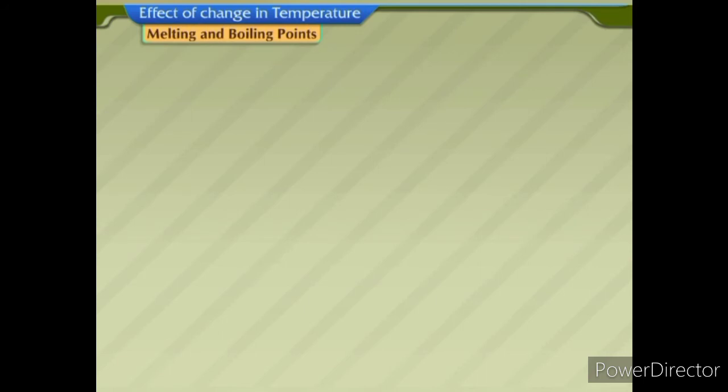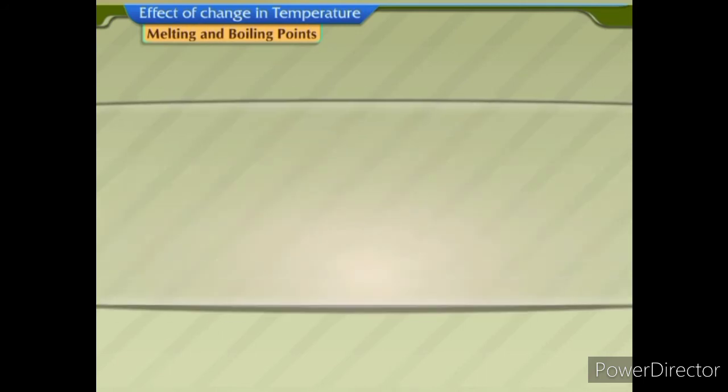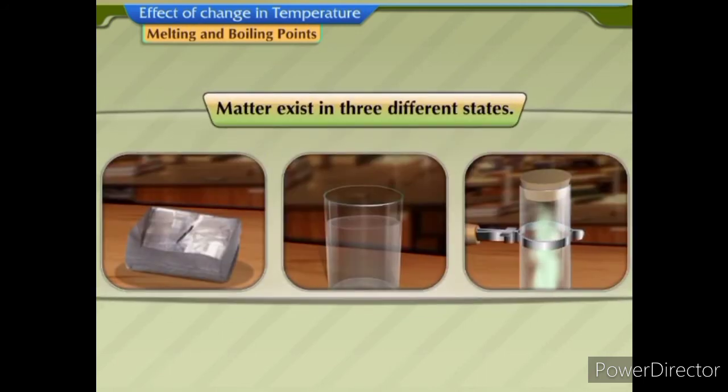Melting and boiling points. We know that matter exists in 3 different states: solid, liquid, and gas. We also know that the same matter can exist in all 3 states under different temperatures. Can you give an example for this?